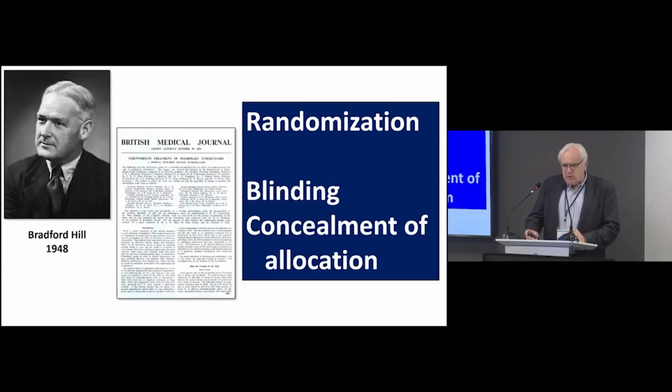So moving forward to the 20th century, randomization serves to recognize that in any population there's a tremendous amount of variability, and that variability may impact how a patient responds to a treatment.